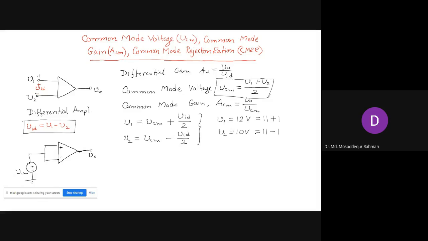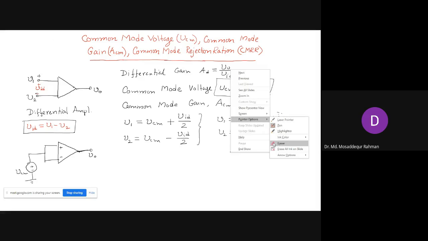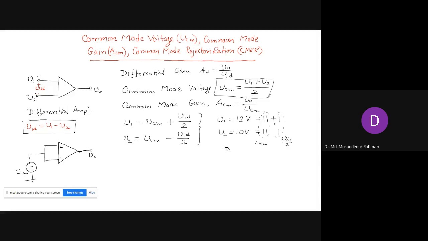You see, this 11 is common in both the inputs. This is our common voltage that we have at both the inputs, and that we define as VCM, the common mode voltage. The other is this part, which is the difference between the two, and it's half of VID. Oh, sorry, this should be minus.